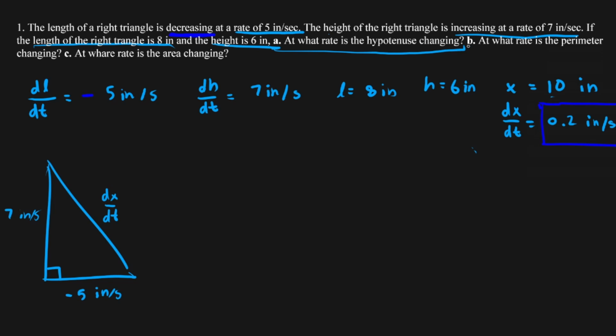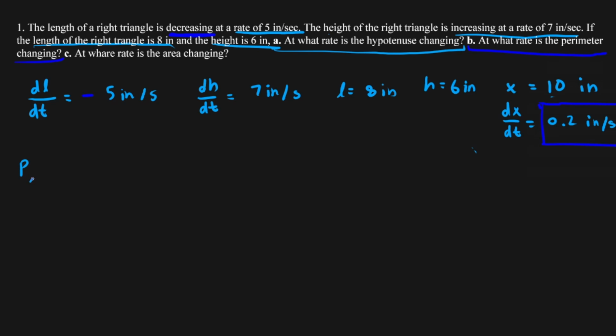Now let's do B. So now I want to find the rate at which the perimeter changes. In order to do this, we have to know the equation for the perimeter of a triangle. So the perimeter of a triangle equals the length plus the height plus the hypotenuse.